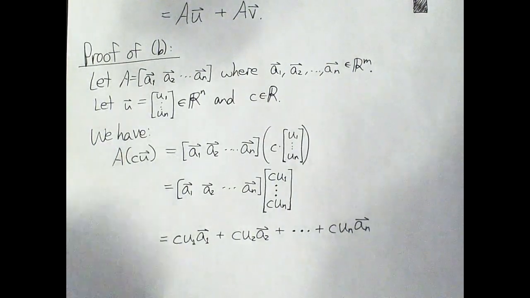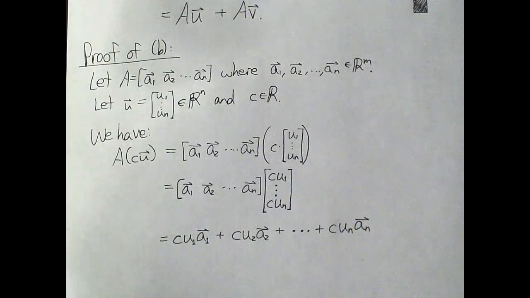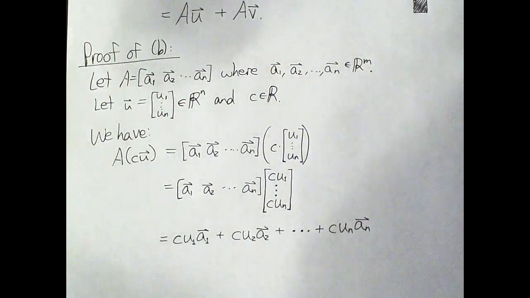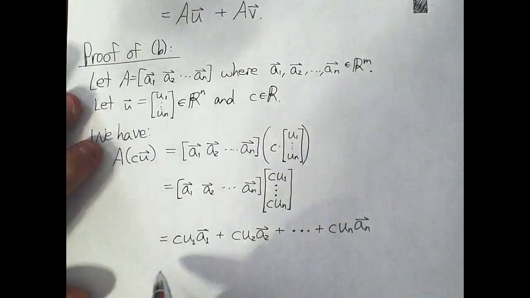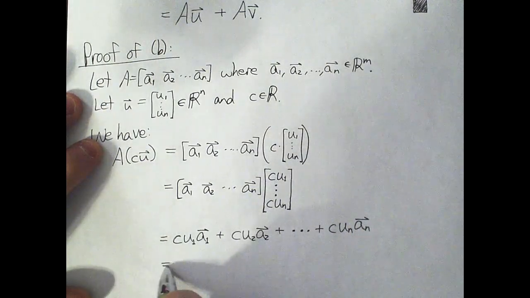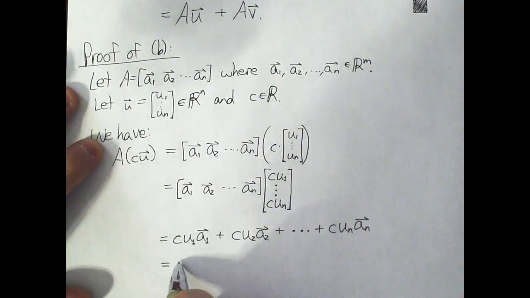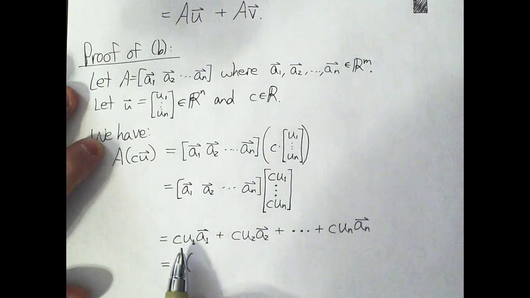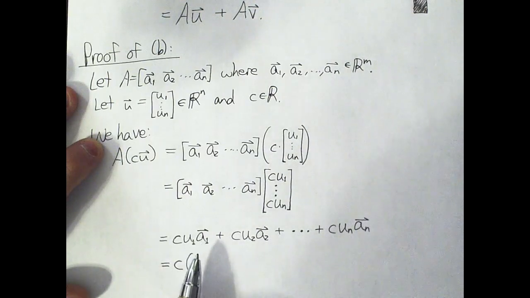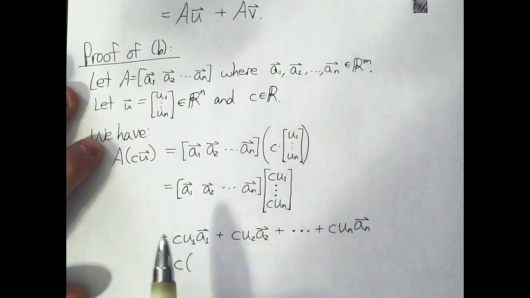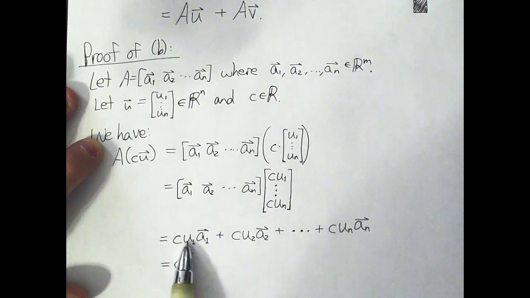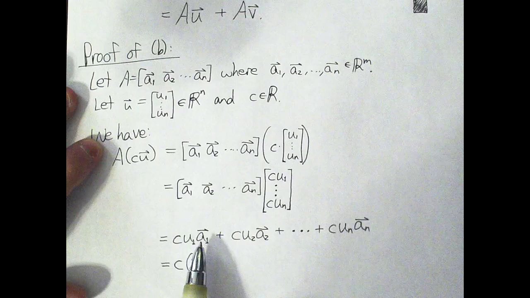You see how the C's kind of moved themselves out front anyway? They kind of just naturally wound up, the C's all kind of wound up on the left. That's good. Now it would be okay, since C is a real number, it would be okay for me to pull C out of this. I could factor a C out of this. Remember here that C is a real number, U1 is a real number, A1 is a vector.